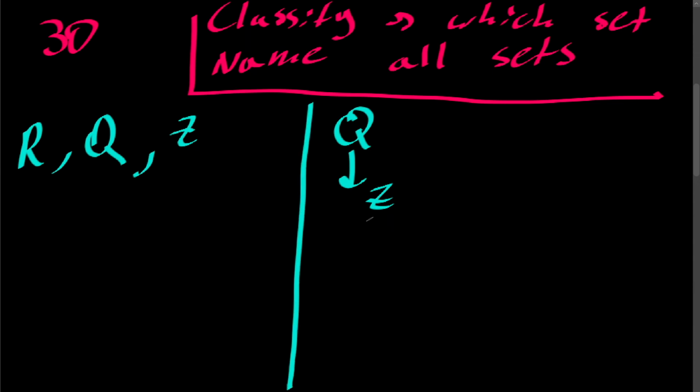Let's see. So this Z branch, or the integers, branches off into whole numbers, which means they're integers except they're only positive, but they start at 0. So does 30 fit into that? Yeah, because 30 is positive. It's positive and it's a whole number, so there we go.